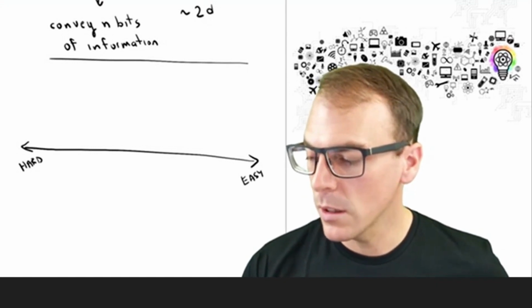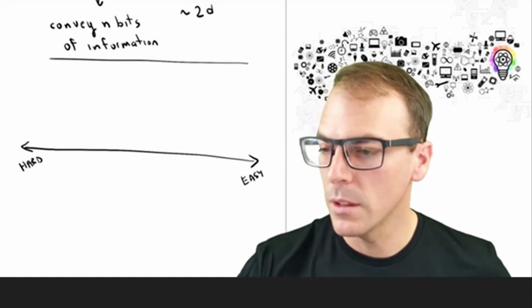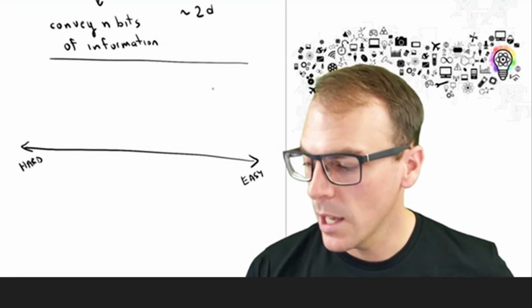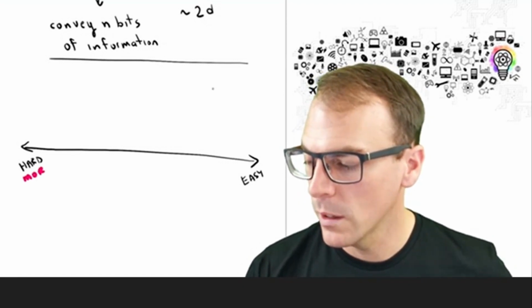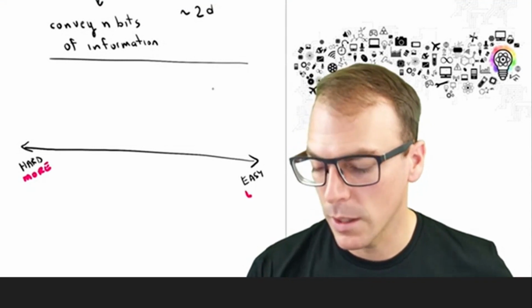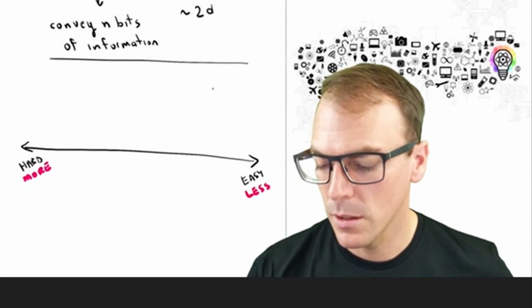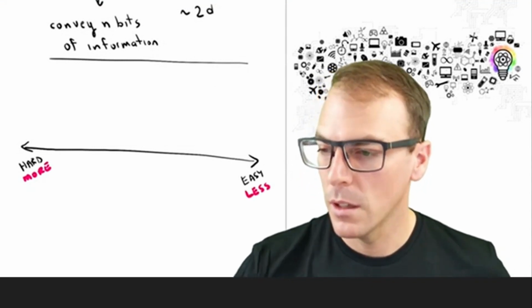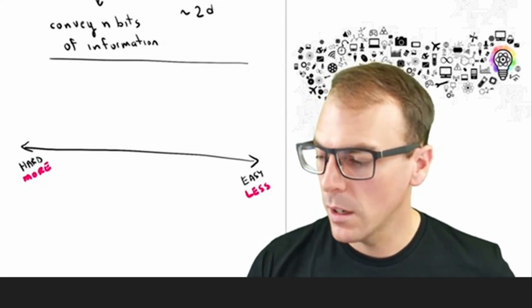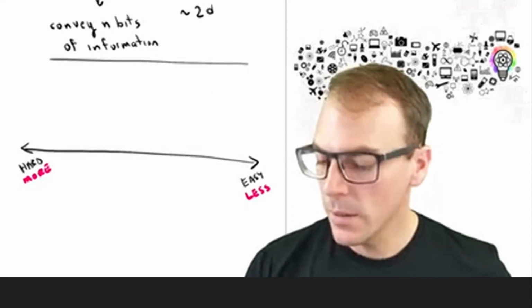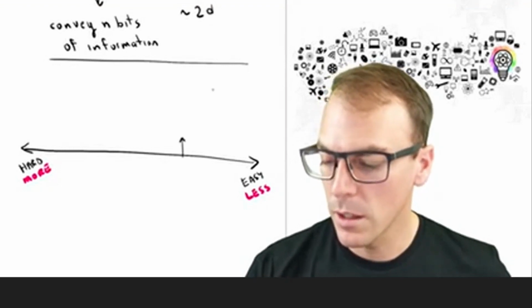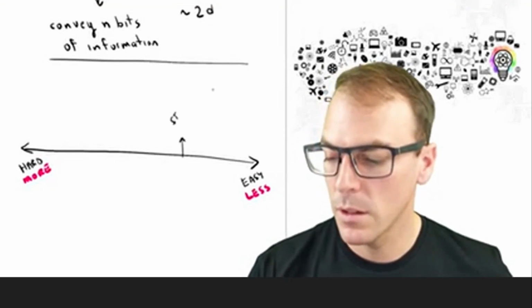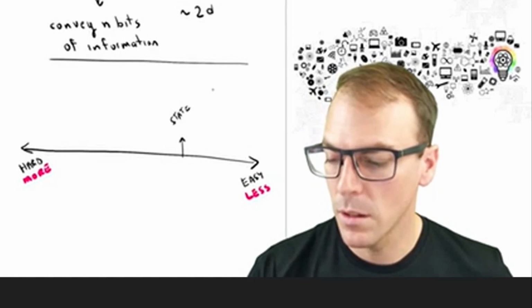And at the same time, this tells us how many parameters. So over here is more parameters, and over here is less parameters. Okay, so let's say in the middle, right around here, is what we've been talking about: state tomography.